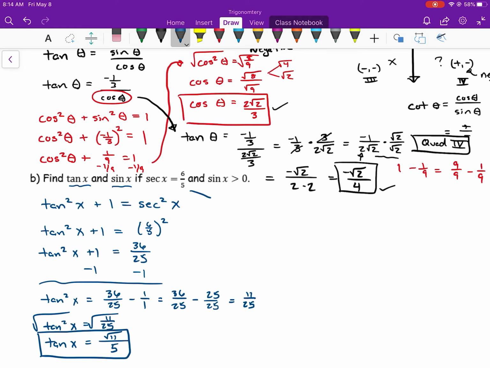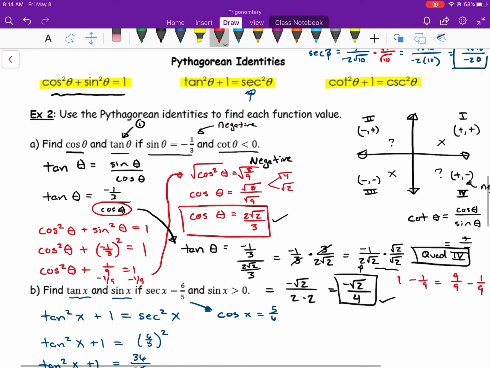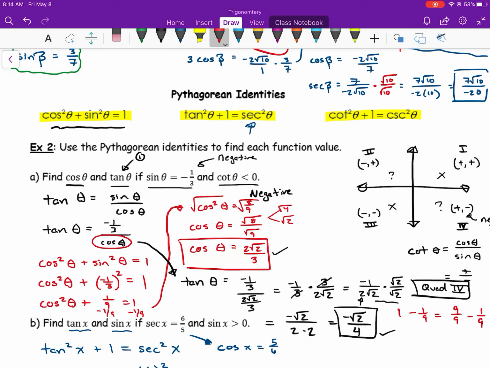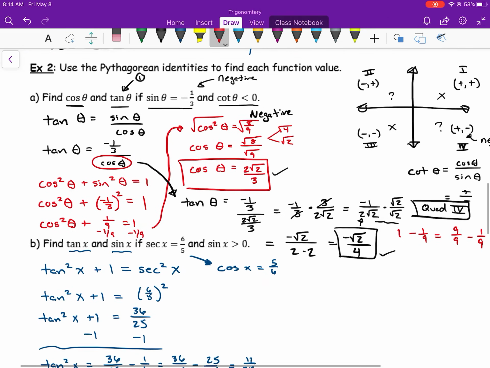All right, secant is the reciprocal of cosine, so that means cosine of x is the reciprocal of secant, which is 5/6. I'm changing colors for a different thought here. I'll come back up and I see I have cosine now, so I can use cosine squared plus sine squared.